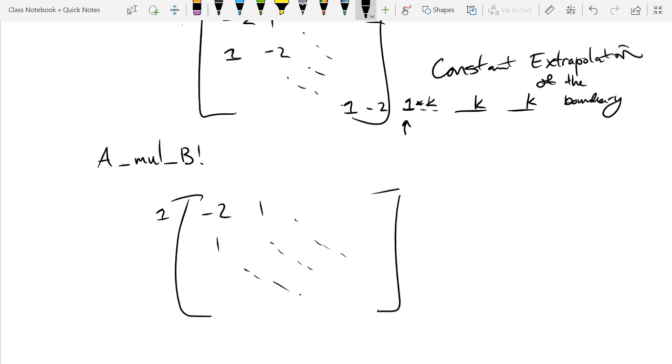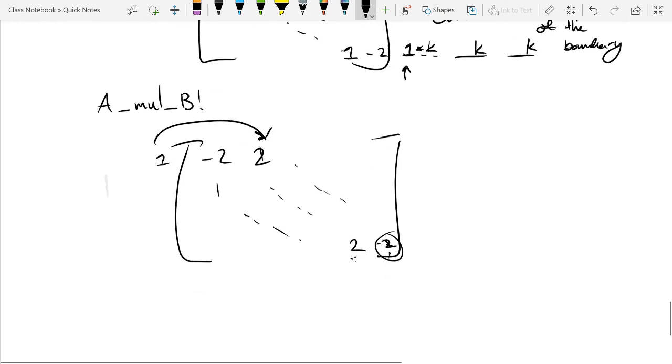And if the derivative is 0 at the boundary, then that's the same thing as saying you've reflected over the boundary. So if you take this 1 and you reflect it over, then this becomes a 2. And so you get a 2 minus 2 here. The reason is because now you have these coefficients match, which means that the derivative at this term is going to be 0.